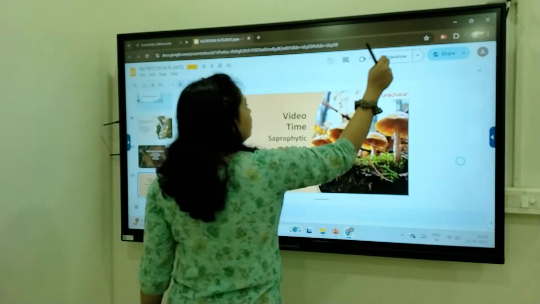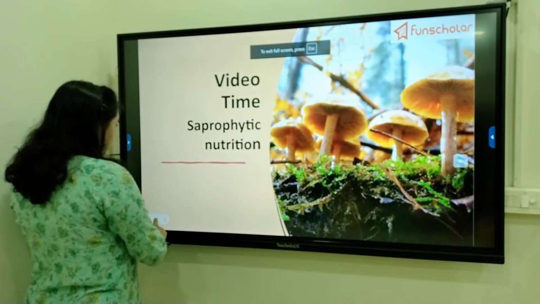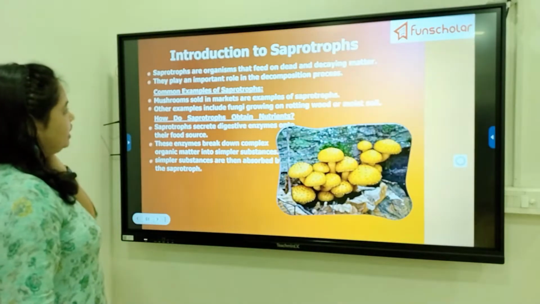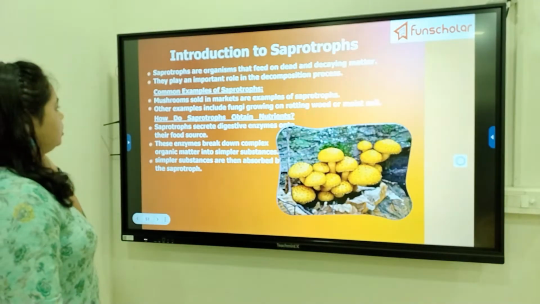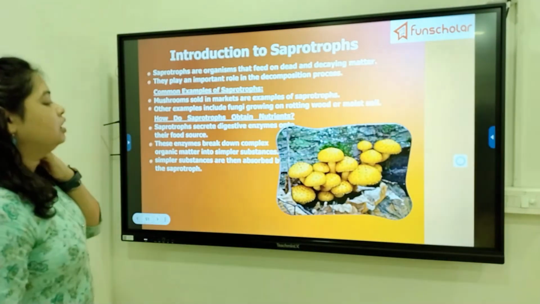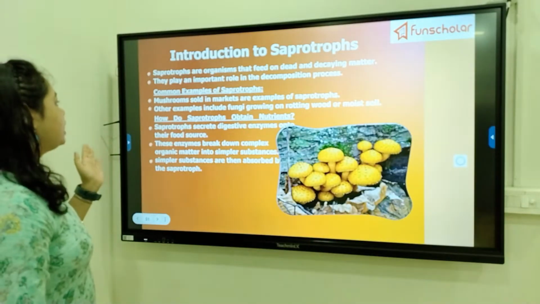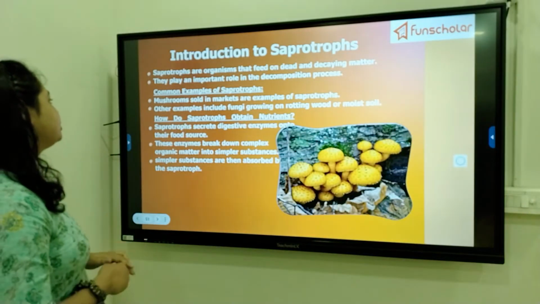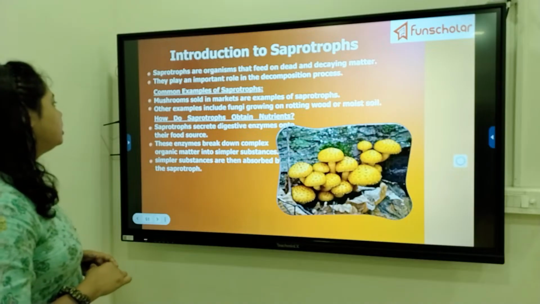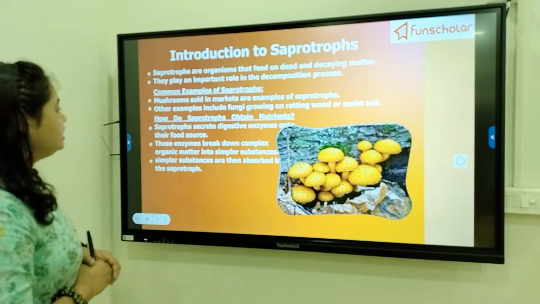So you have got the idea of the saprophytic mode of nutrition, that is nutrition from dead and decaying matter. So the common types of saprotrophs, that means the non-green or achlorophyllous plants, which actually depend on this type of nutrition, are mushrooms or the agaricus, the rhizopus or the bread molds, and the yeast.